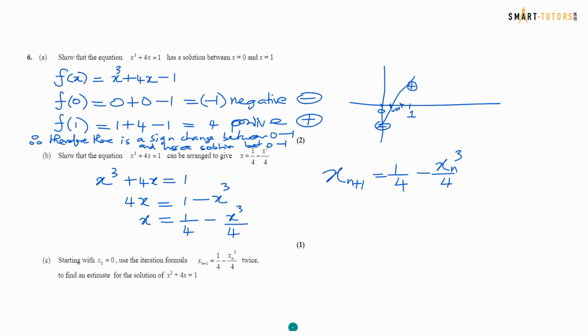They're asking you to do it two times and find an estimate for the solution. First of all, x1 is going to be 1/4 minus something.